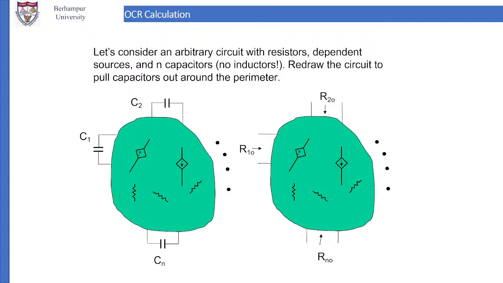Inside is the black box which contains the dependent sources and resistors. It has only resistors and sources, and there is no inductor. On that also you can do it in this manner. On the left hand side, R10, R20, Rn0. The right hand side is the same. The only thing is we are replacing the capacitance with equivalent reactances.